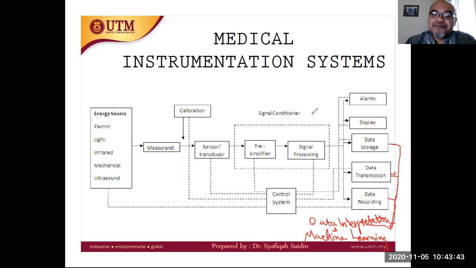So we don't know in the future what will be the role of doctors. It is now in heated discussion, heated debate. Even the doctors now become worried whether their role will be replaced by the implementation of AI, artificial intelligence, in healthcare.